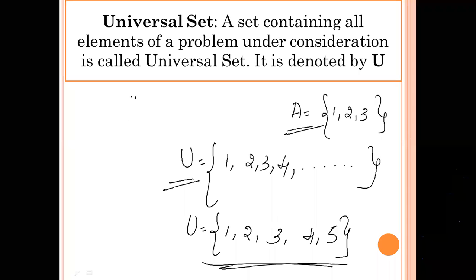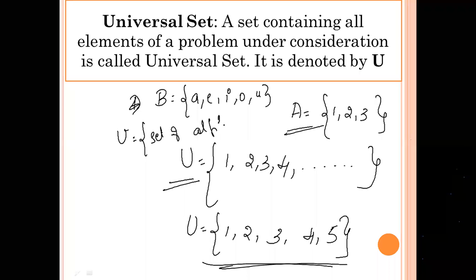If you have some other set B equal to {A, E, I, O, U}, I'll write my universal set as the set of alphabets. What is the same in both?